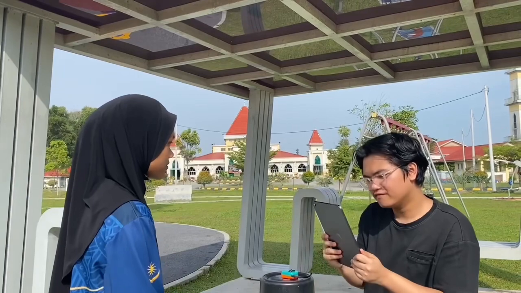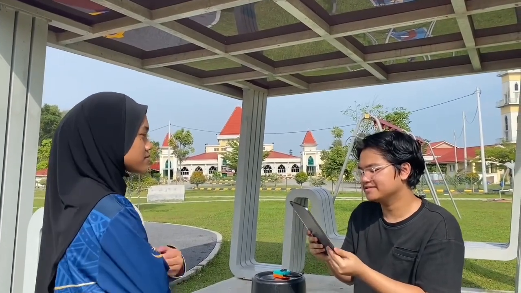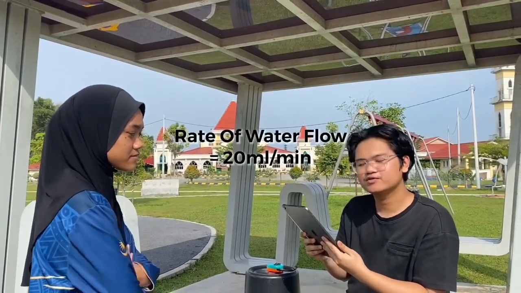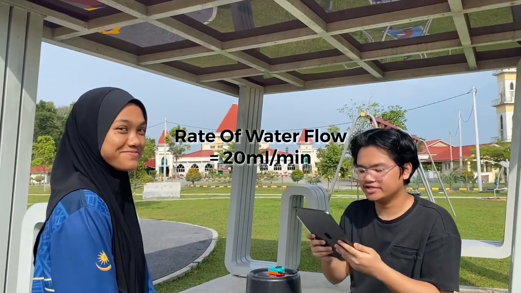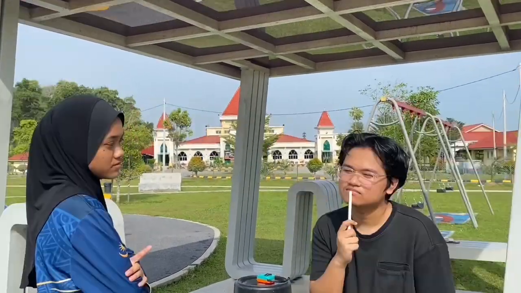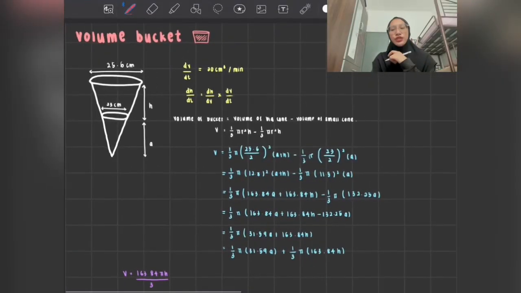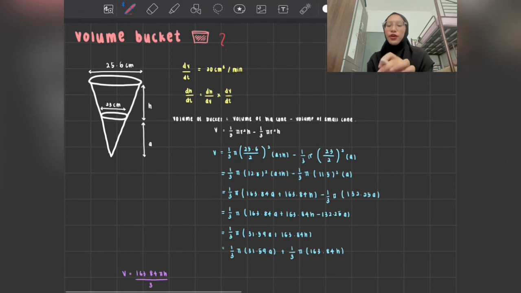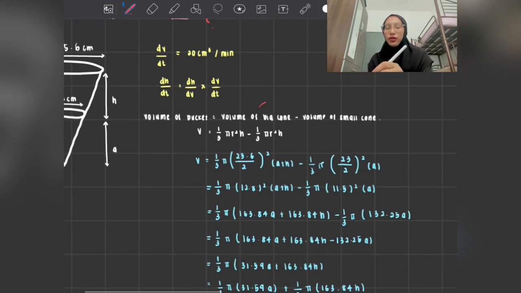So, from the findings, we found that the rate of flow of water is 20 milliliters per minute, and the general formula for the volume of the bucket is... So now what? How to measure the volume of the bucket? First of all, we need to know the volume of the big cone and also the volume of the small cone.